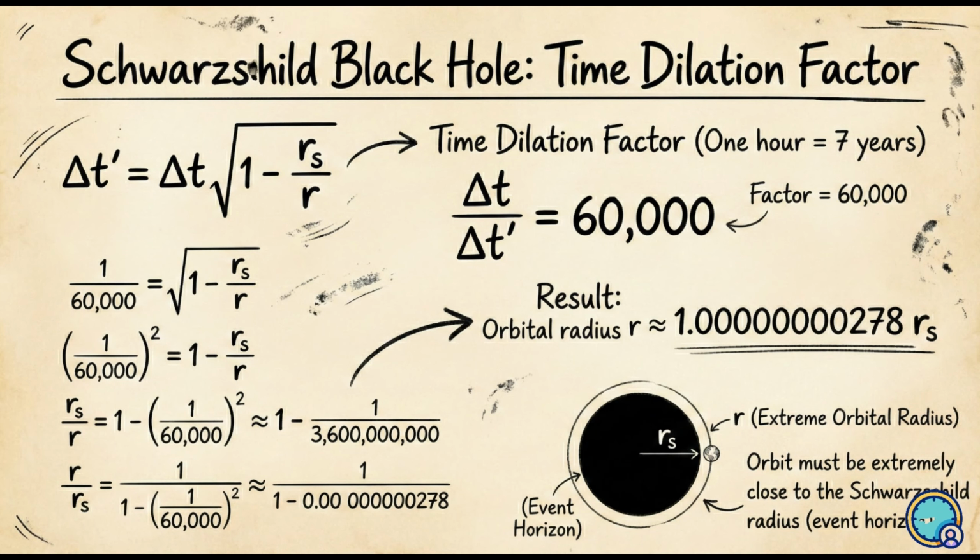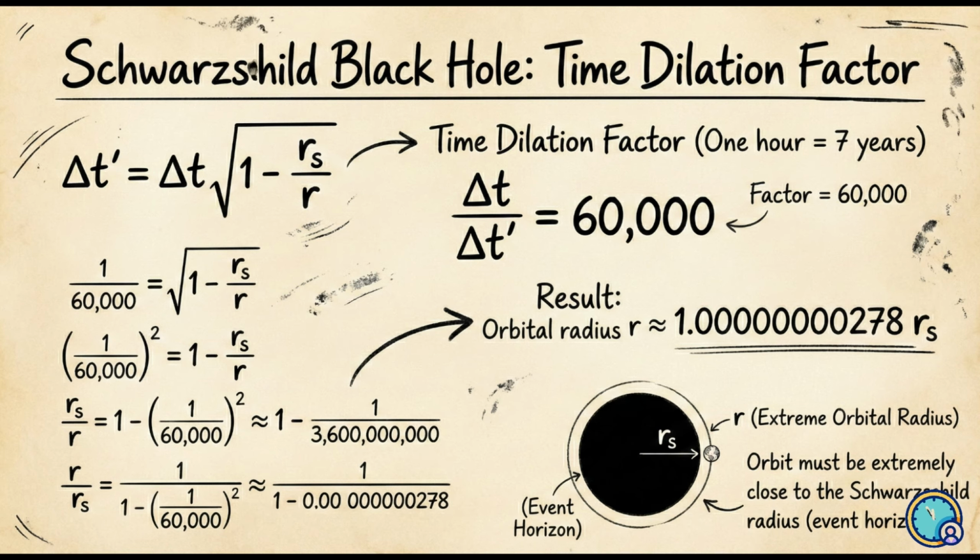Now, to get a time dilation factor of 60,000, which is 1 hour equals 7 years, let's work backwards and see what orbital radius we'd need. 60,000 equals 1 over the square root of 1 minus the Schwarzschild radius divided by r. Solving. The square root of 1 minus the Schwarzschild radius divided by r equals 1 over 60,000.